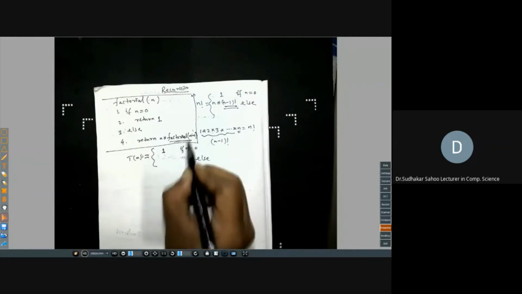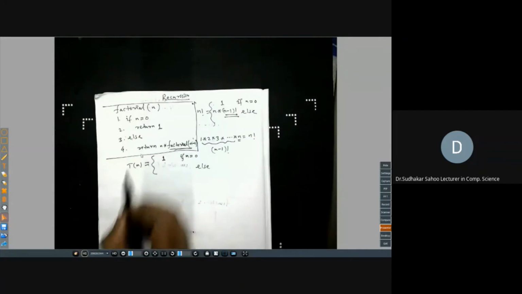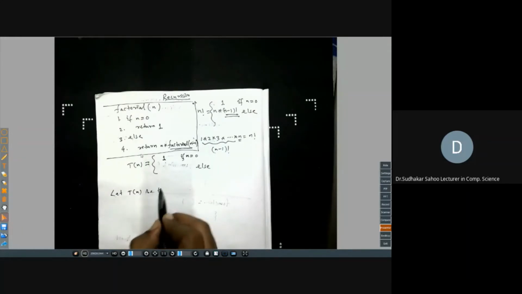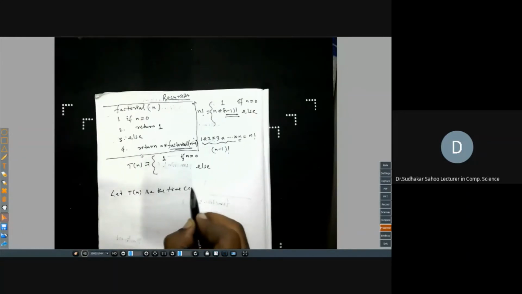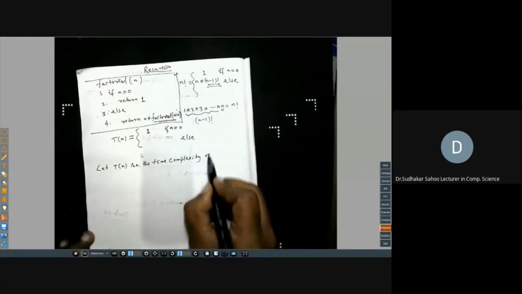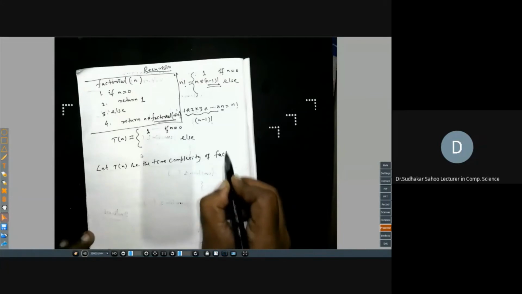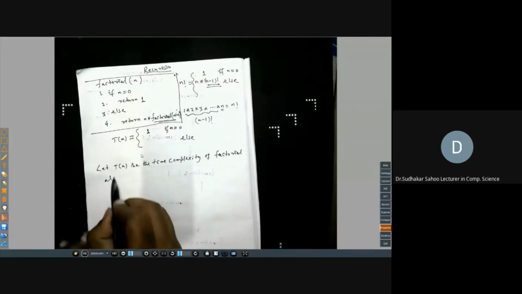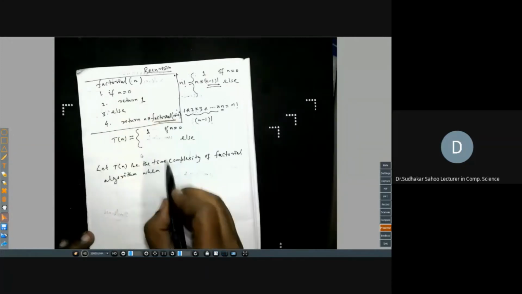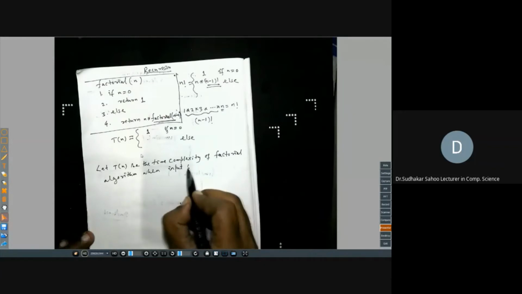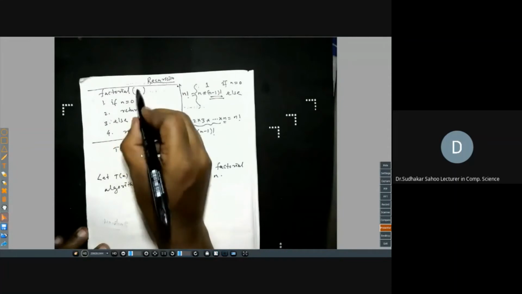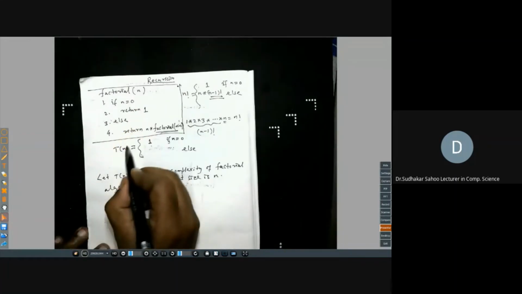Let T(n) be the time complexity of the factorial algorithm when the input size is n. If you want factorial 5, you will write T(5).